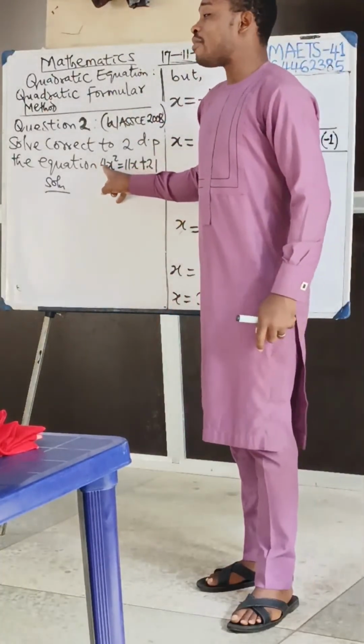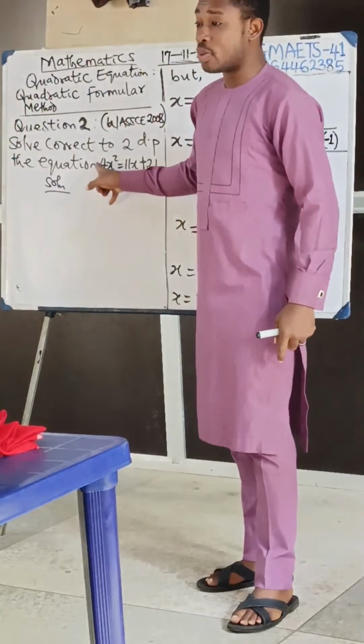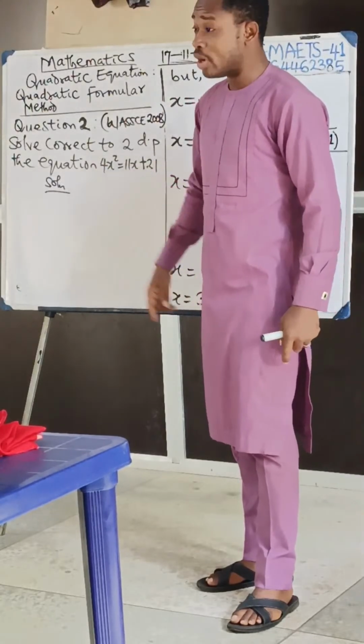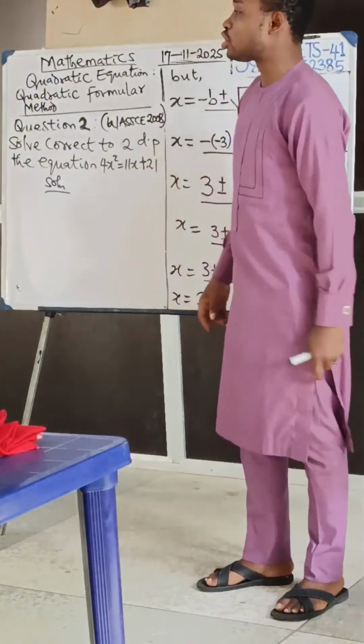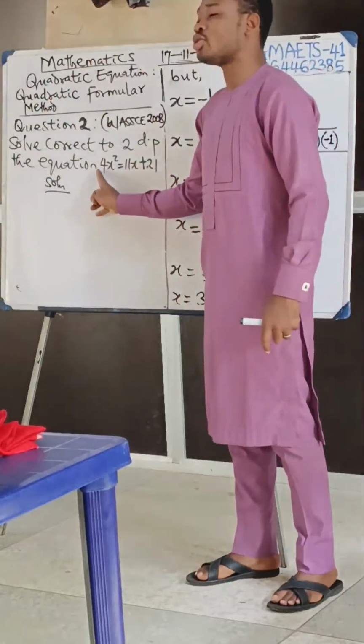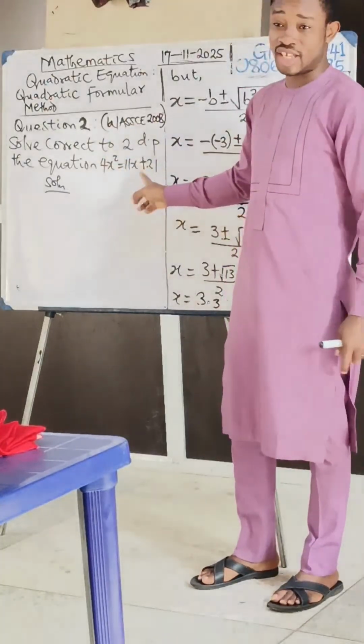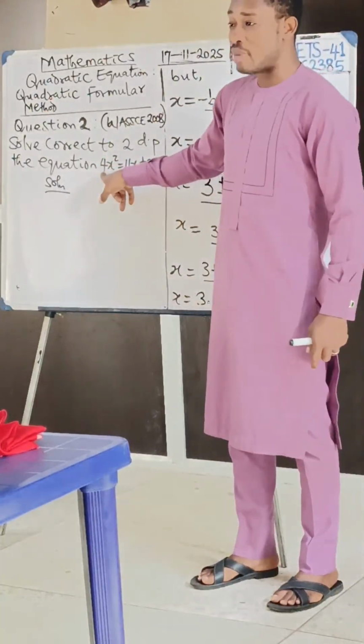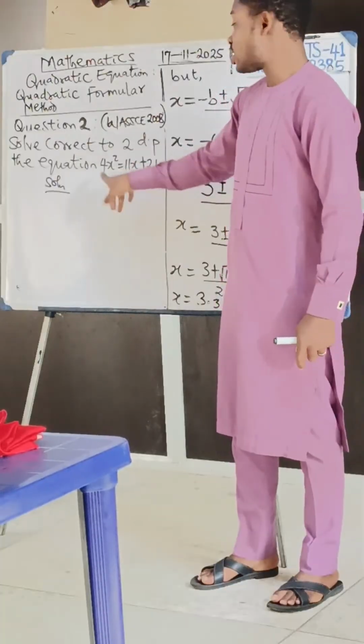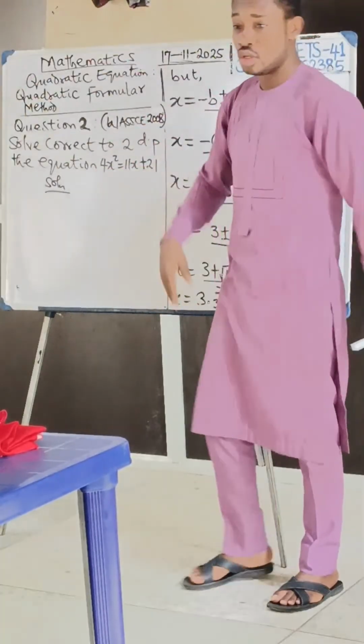This squared term must be positive. You are not expected to move this 4x squared to this place. If you move 4x squared to meet 11x and 21, the 4x squared will change to minus. Is that not so? Yes. So since it is positive, then move the other ones to meet it.